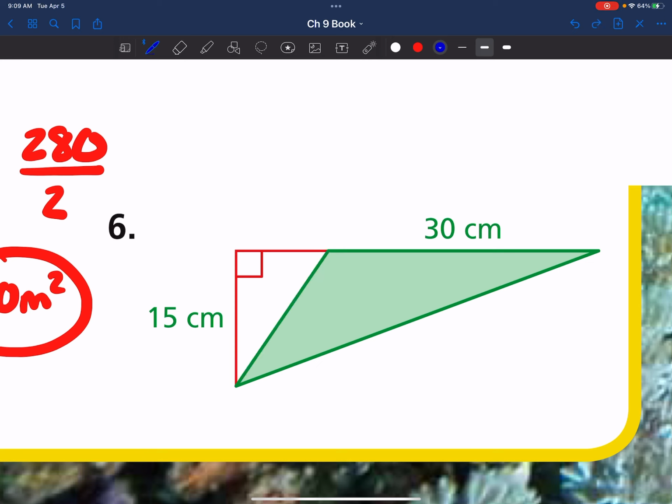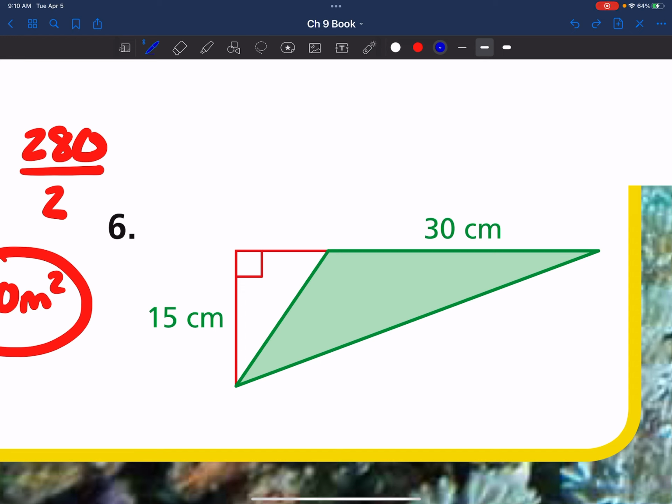However, if I did drag this down to here, then that extra length right there would get put onto this side, which means I can actually use the 30 and this 15 to find the area of this triangle. It's really weird, I know. I wish I could drag the corners around and show you this.